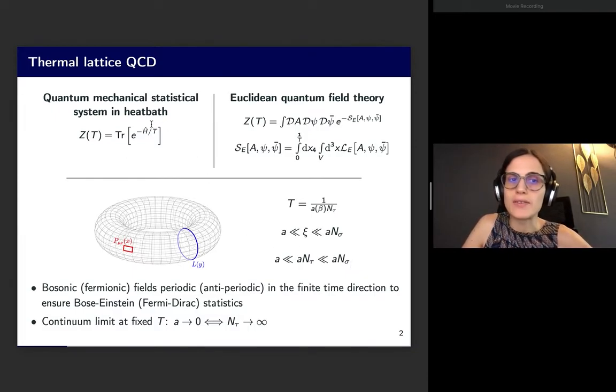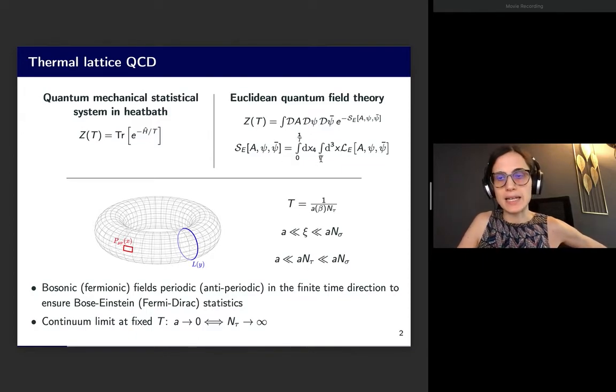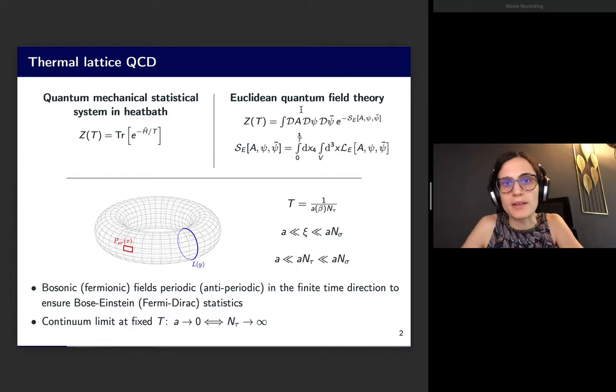And then following a derivation which is completely analogous to the one that has led you to the definition of the t=0 path integral formulation for a Euclidean quantum field theory in terms of fermionic and gauge fields, you arrive at an expression for the generic expectation value of an observable or at an expression for the partition function and the action that look exactly like their t=0 counterpart, apart from the fact that now, as you can see in the formula for the action, the temporal direction is compactified with the Euclidean time, which is restricted to range between 0 and beta, which corresponds to the inverse temperature.